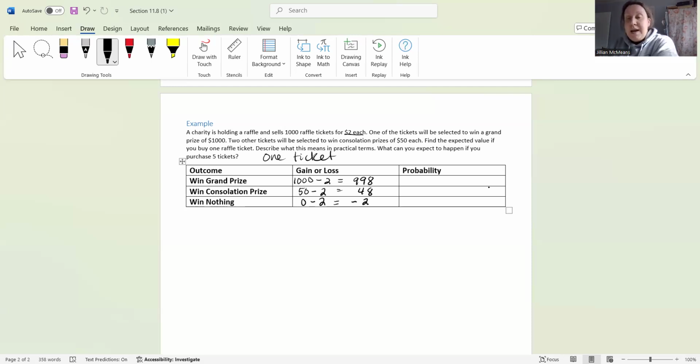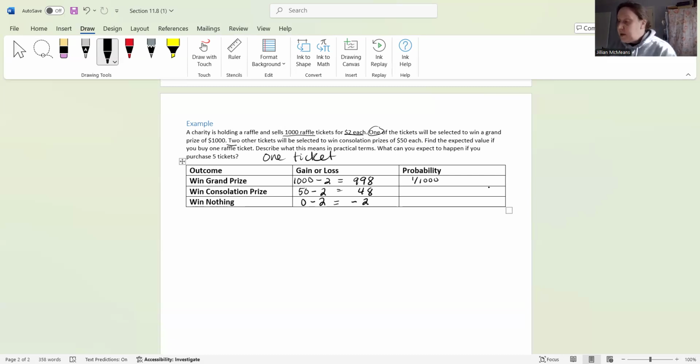Okay. Now for the probabilities. We know there were 1,000 raffle tickets. One of those tickets will be selected for the grand prize. So the probability of winning the grand prize is 1 out of 1,000. Now we know 2 of the tickets will be selected for the consolation prize.